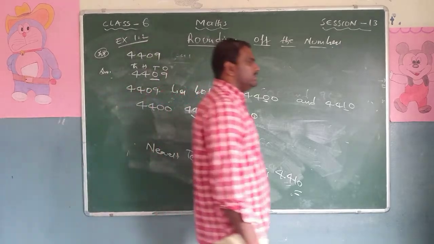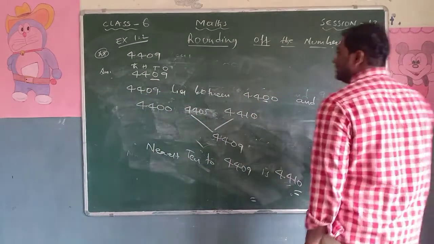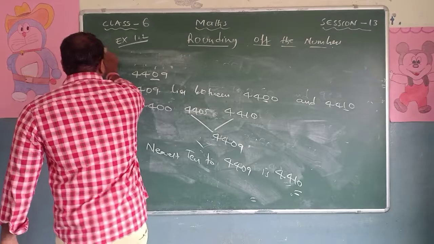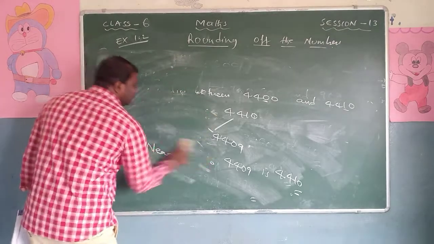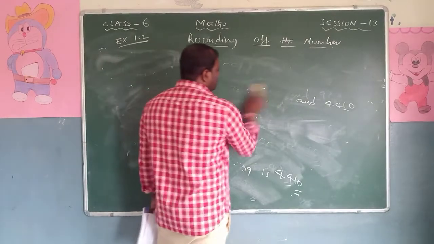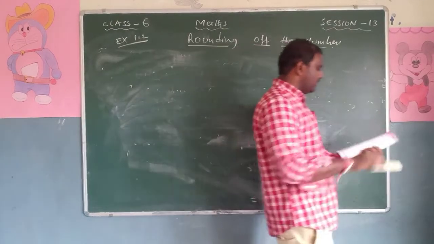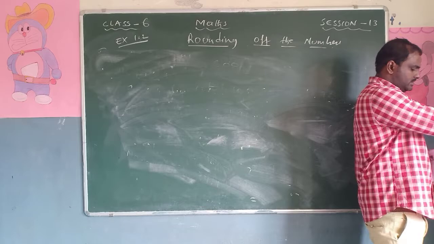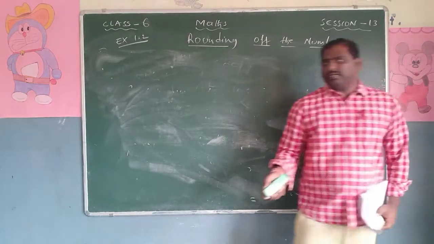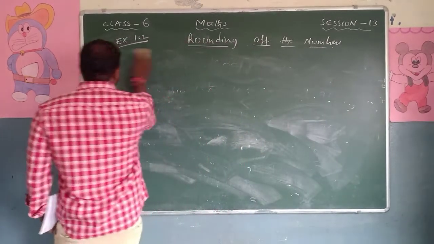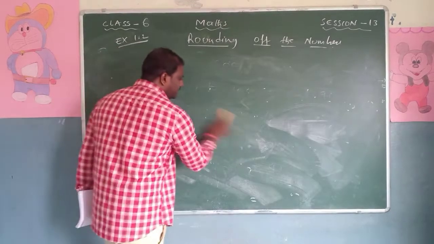Okay. Now this is the concept of writing nearest tens. Now what is the next one? The next question is nearest hundreds. So it is already given as nearest hundreds. In the previous question it was nearest tens.